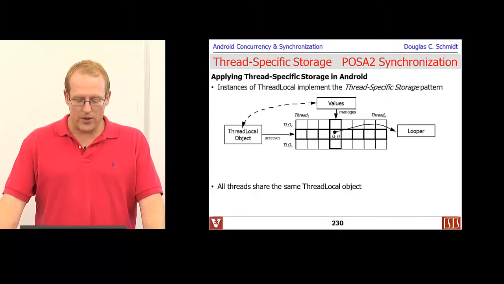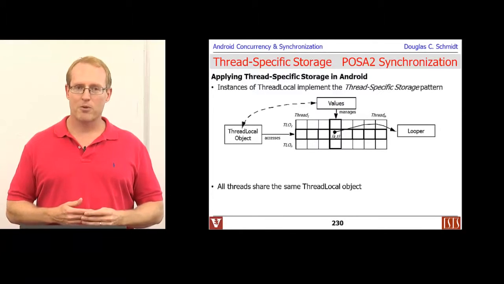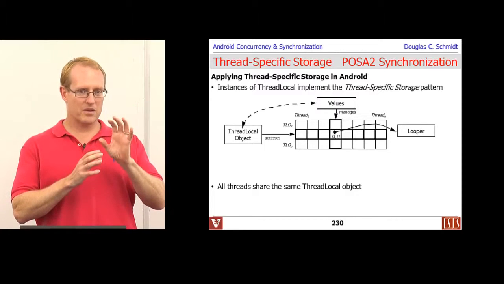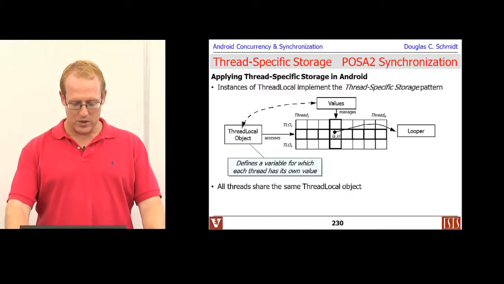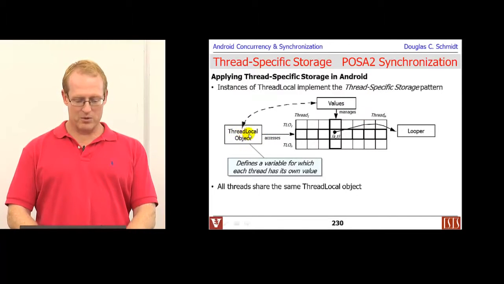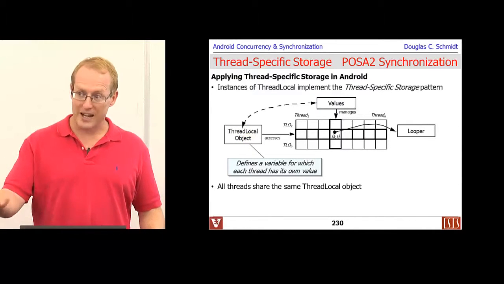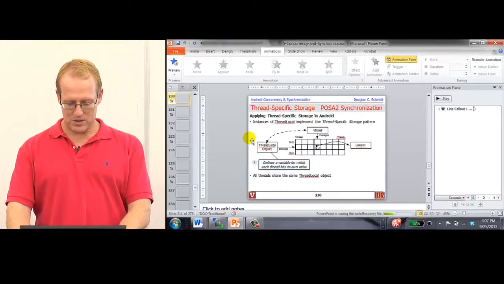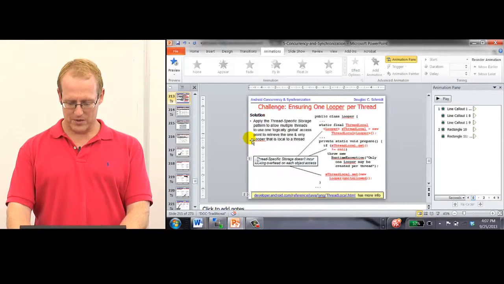So all threads share the same thread local object. Thinking about our looper example that we had before, you're going to have the looper, and it's going to have a get method on it. So you go get the looper. What that's going to do is, in this case, it would be the thread local object that Android has defined specifically for their use case for the looper. Let's just take a step back here and see what that was called. That was called sthread_local.